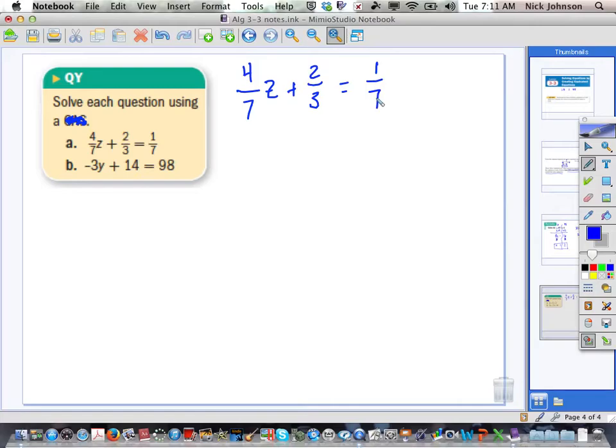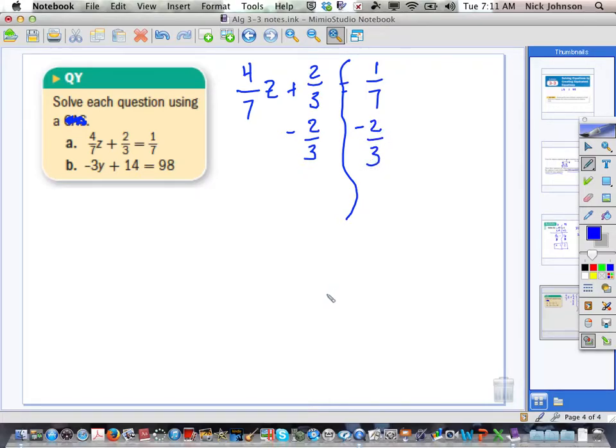Now you're just dealing with fractions, okay? So here's my variable. It's on the right-hand side, correct? So I got to get everything else out. So the inverse of adding 2/3 is subtracting 2/3. Whatever I do to one side, I have to do to the other side.